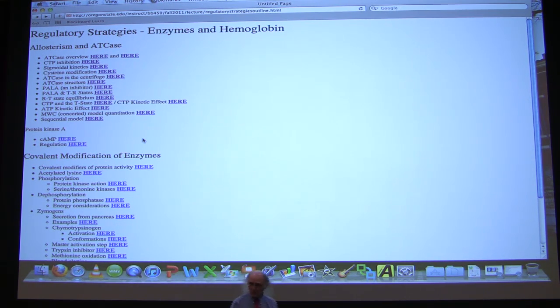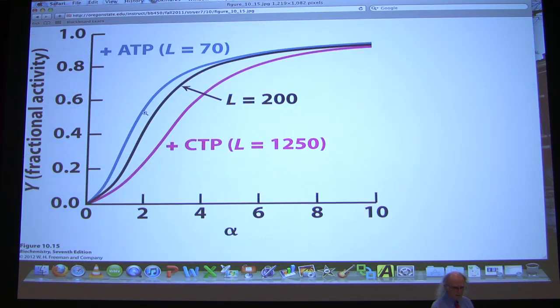Yeah, question? So that graph was not so important, for the concerted model graph? So you're talking about here? Yeah. So all this graph is showing is, here is the ratio of T to R of 70. This is when ATP is present. Here's the ratio of T to R, that's 200 when there's nothing present.